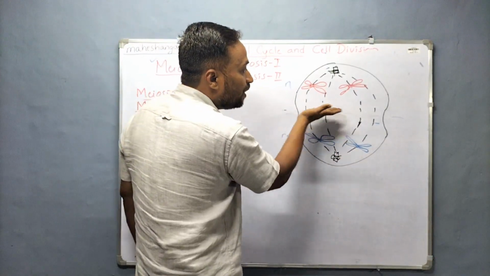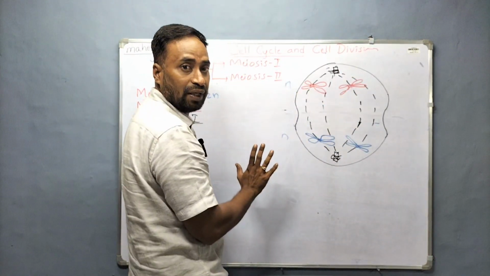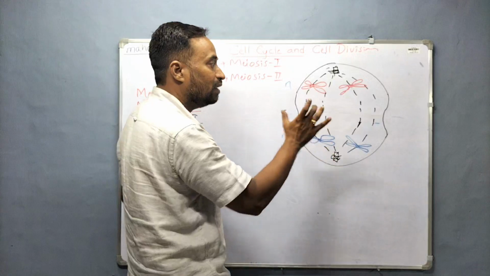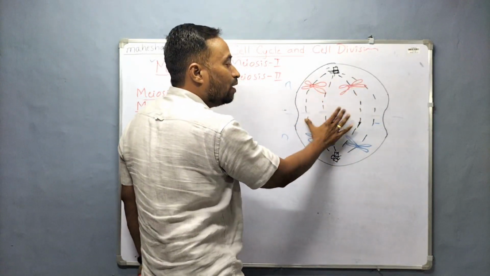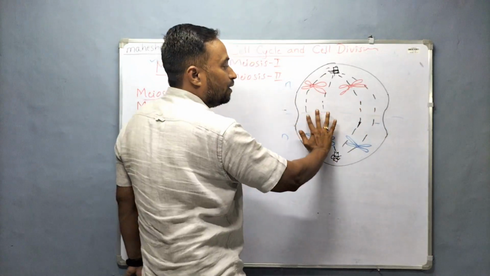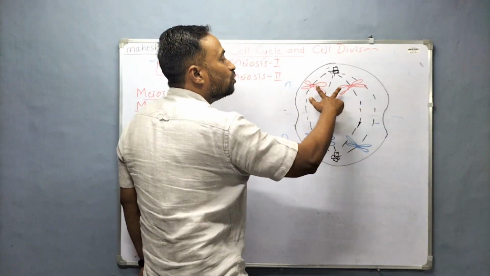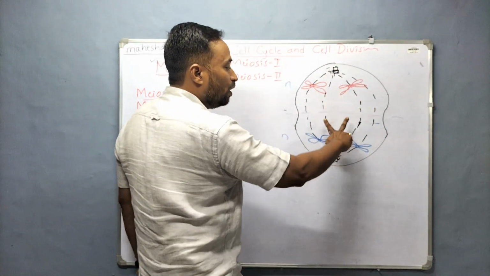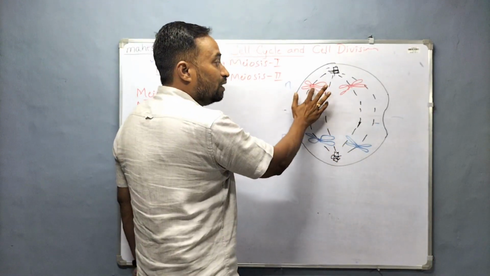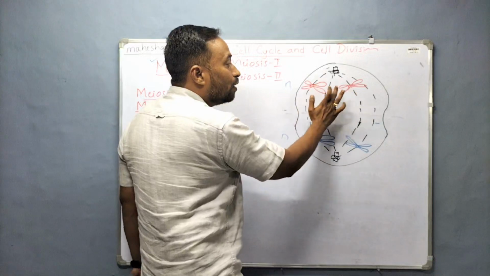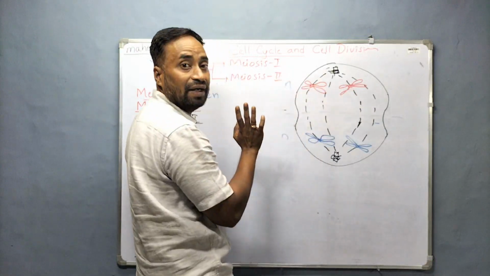Remember, there is no splitting of the centromere. Instead, the whole homologous chromosomes move. Let's say there are 4 chromosomes: 2 chromosomes move towards one pole and 2 chromosomes move towards the opposite pole. Here, sister chromatids do not get separated.